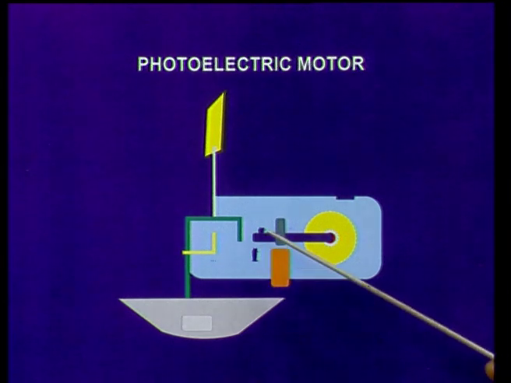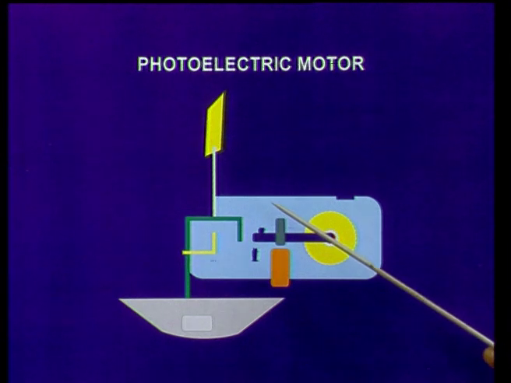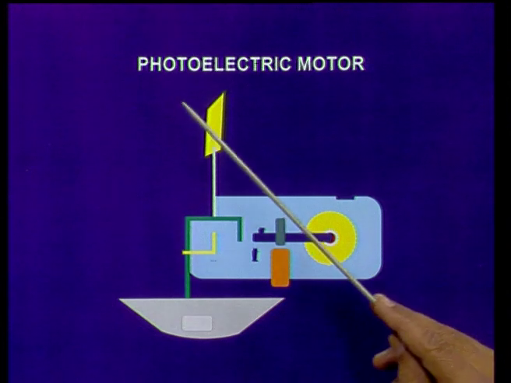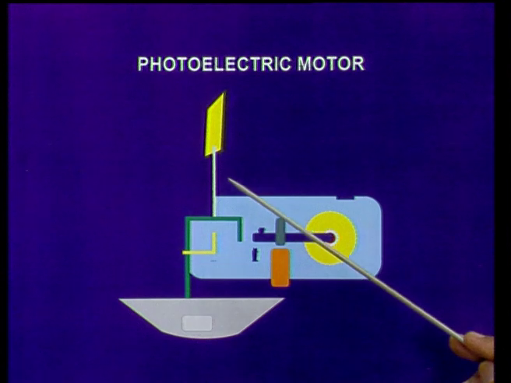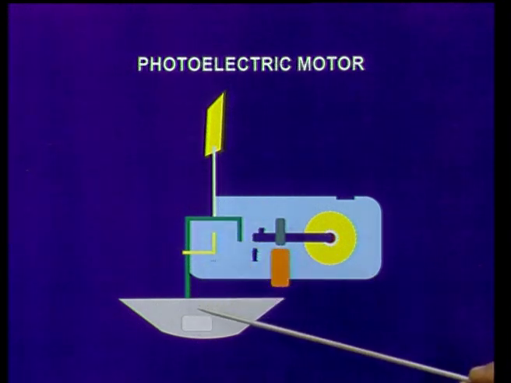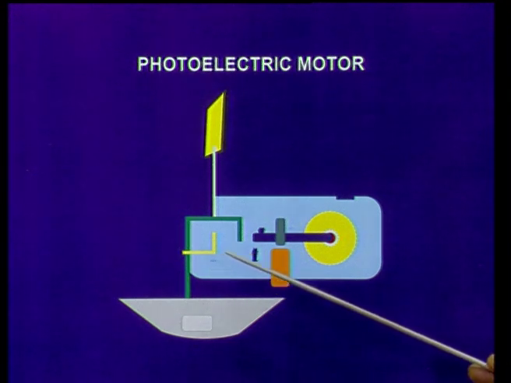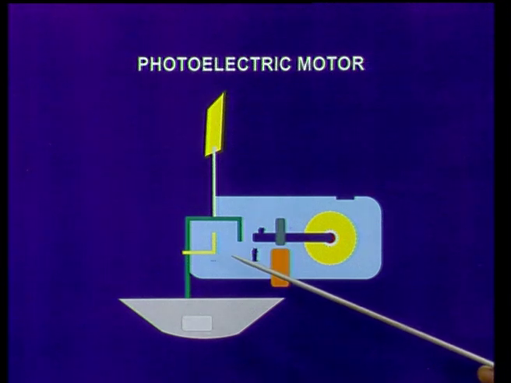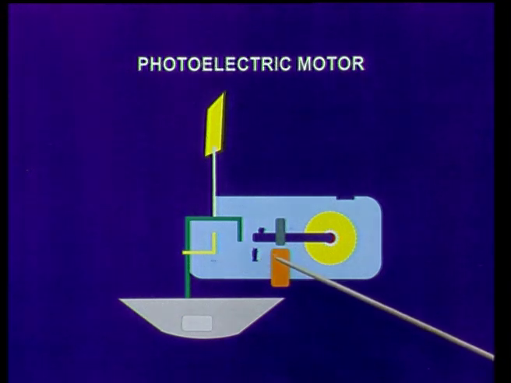This particular visual that you are observing now is a direct application of the photoelectric effect in the form of what is called a photoelectric motor. A light falls on this particular photocathode and it is fed into a motor with the help of a small circuitry, which of course includes photodiodes and phototransistors, which we have already seen, and that will activate a relay which is connected to a motor.